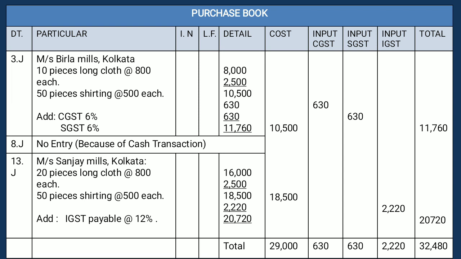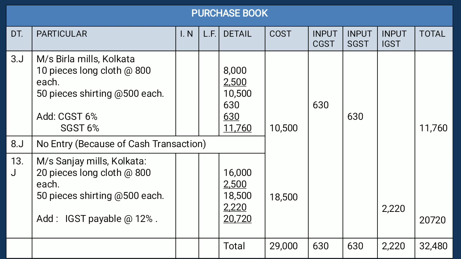Let's check. 10 pieces of long cloth at the rate of 800: 800 multiplied by 10 is equal to 8000, and 5 pieces of shirting at the rate of 500 each is equal to 2500. Total purchase will be 10,500, and when we purchase goods, CGST and SGST will be applied on it. We have calculated 6%: 6% of 10,500 is 630 and 630.